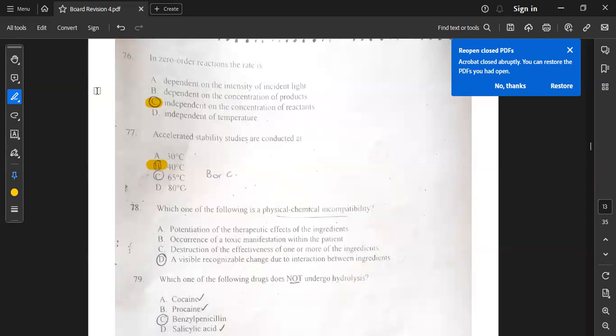Black Panther says choice D is an example of a physical chemical incompatibility. Comfort and Evayani are also backing that answer, that a recognizable change due to an interaction between the ingredients is an example of a physical chemical incompatibility.